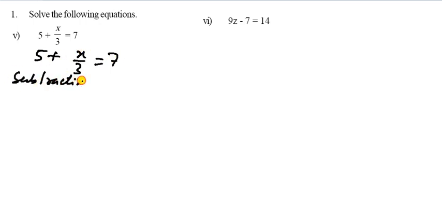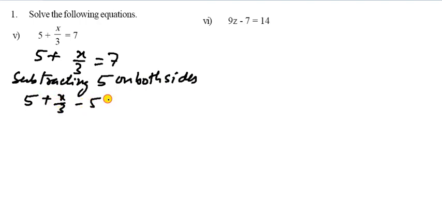Subtracting 5 on both sides. So 5 plus x by 3 minus 5 equal to 7 minus 5. So 5 will be cancelled out. So we get x upon 3 is equal to 2.